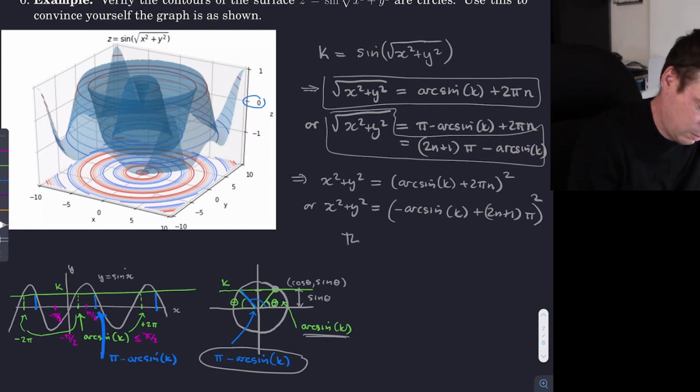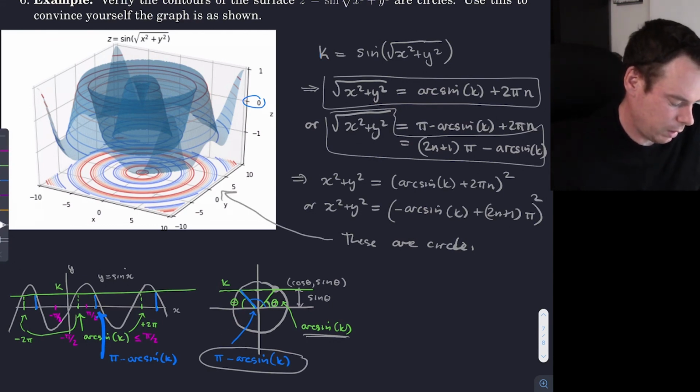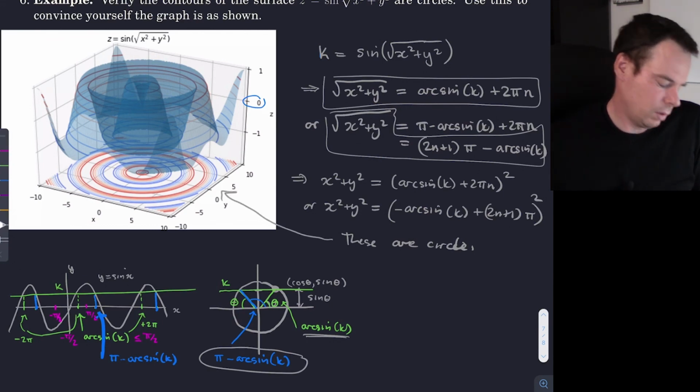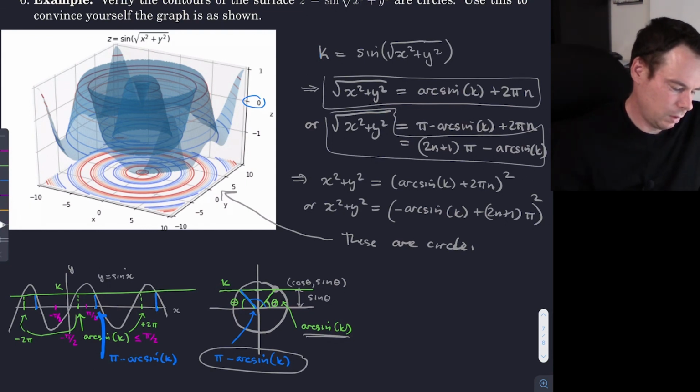And so these are circles. And those are the circles that we're getting in this diagram here. Those are our level curves.